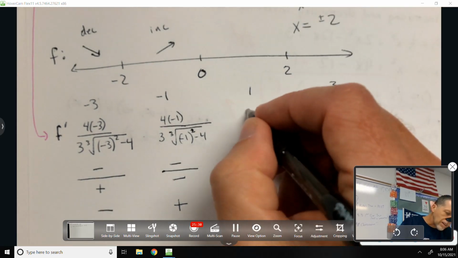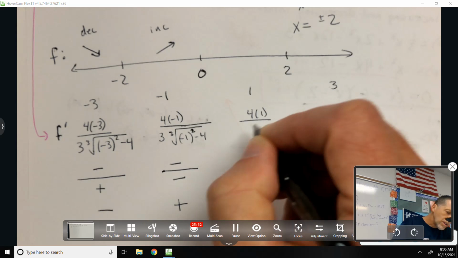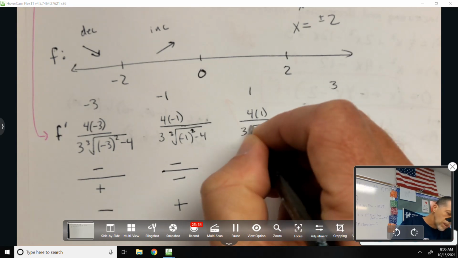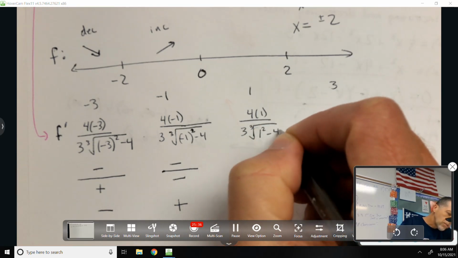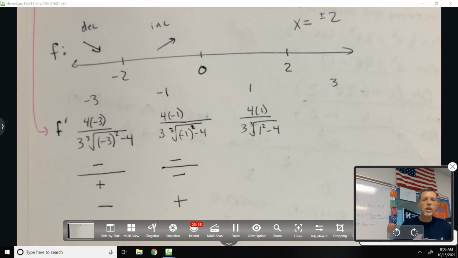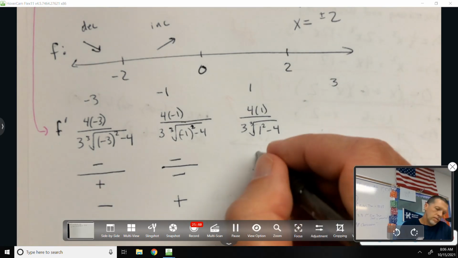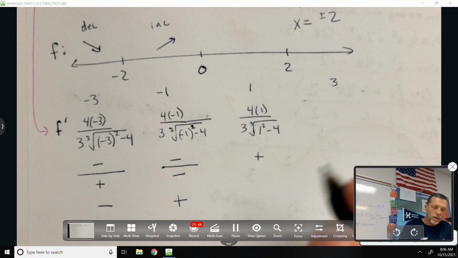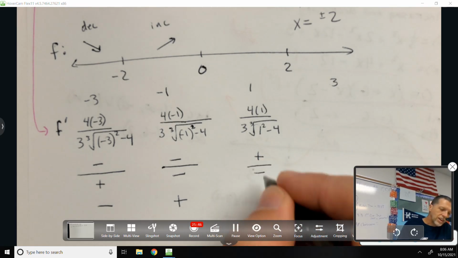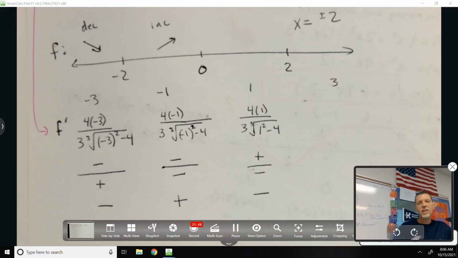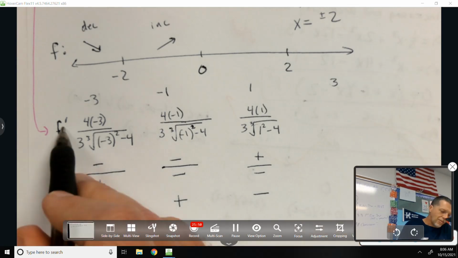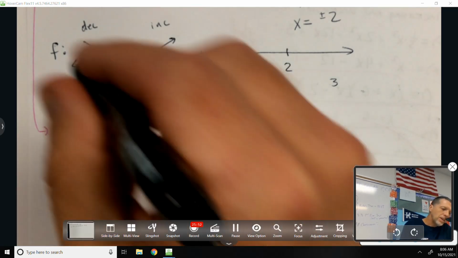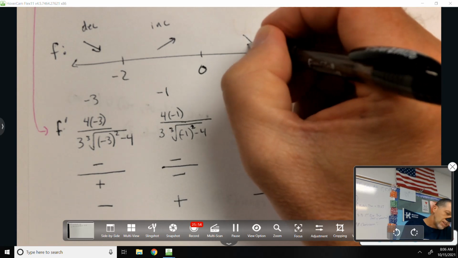Plug in 1. 4 times 1 over 3 times cube root of 1 squared minus 4. 4 times 1 is positive. The cube root of 1 minus 4 is negative. If f prime is negative, that means f is decreasing.